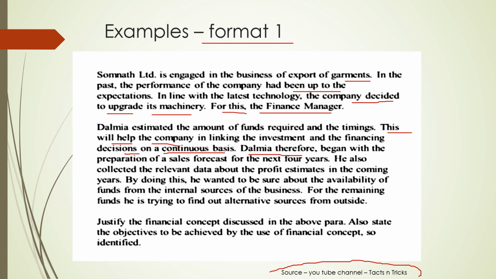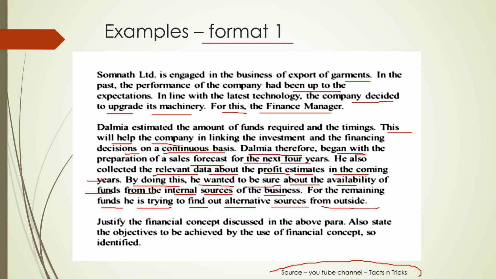Dalmia therefore began the preparation of a sales forecast for the next 4 years. He also collected the relevant data about the profit estimates in the coming years. By doing this, he wanted to be sure about the availability of funds from the internal sources of the business. For the remaining funds, he is trying to find out alternative sources from the outside.